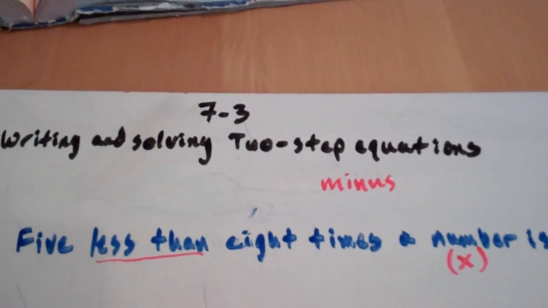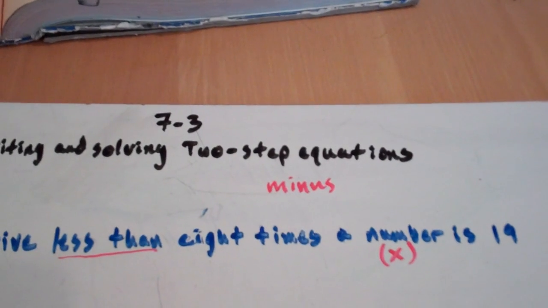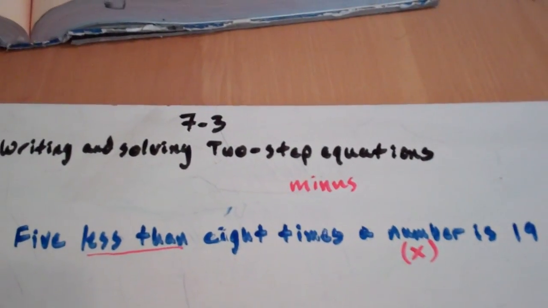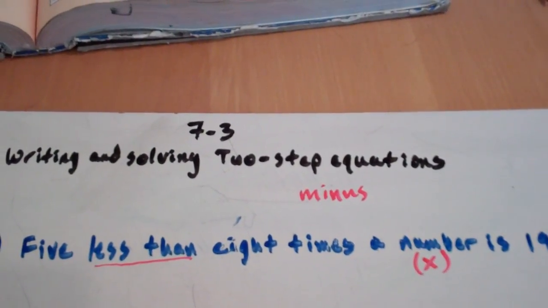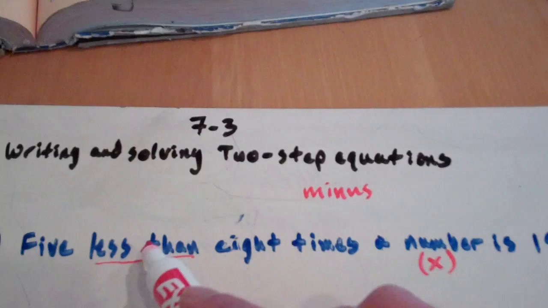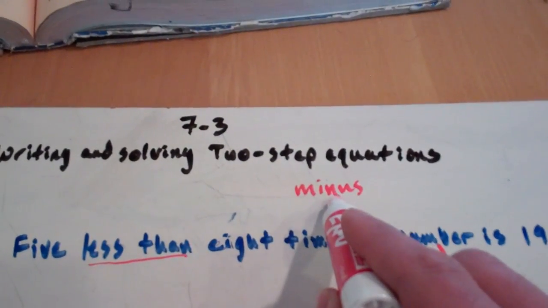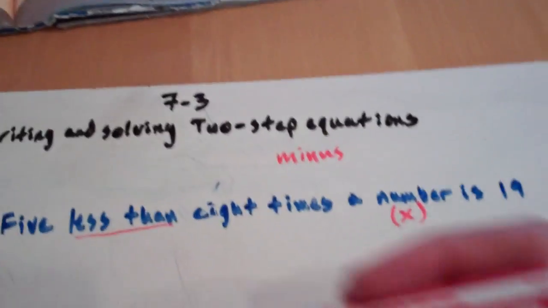Here's an example where I'm using subtraction. I have 5 less than 8 times a number is 19. I need to translate it into an algebraic equation. Because I'm using subtraction, that's what less than means, and it's not the word minus, I have to write it in reverse order from what it appears.